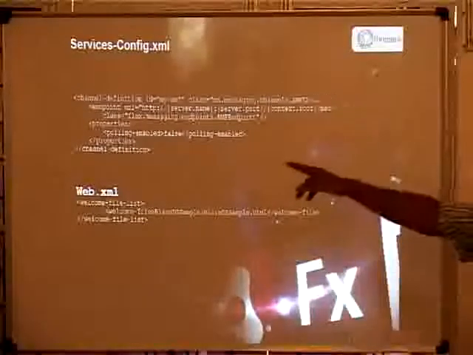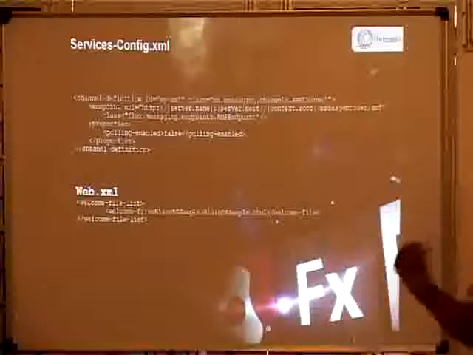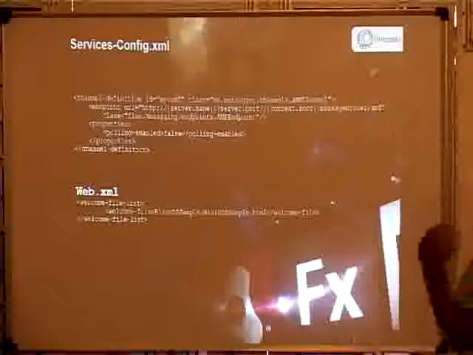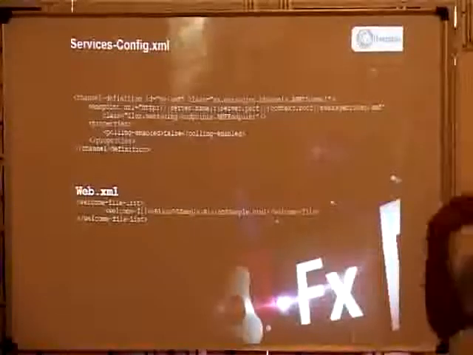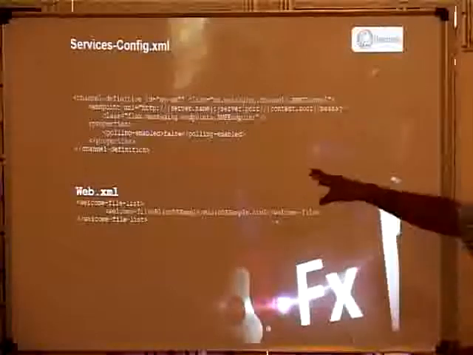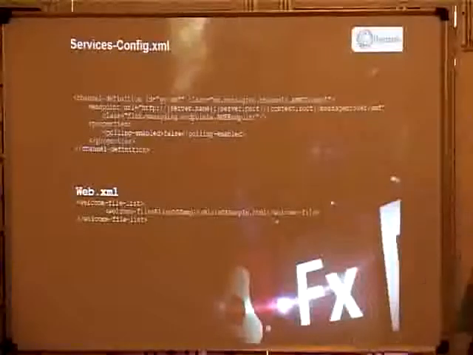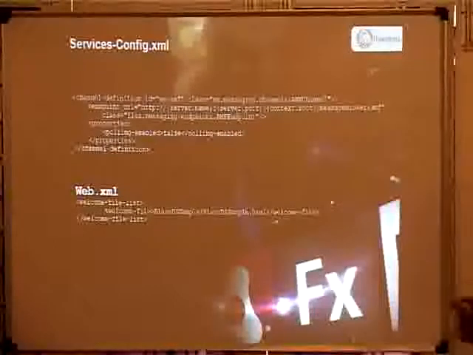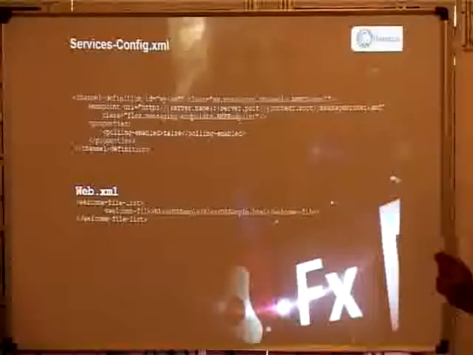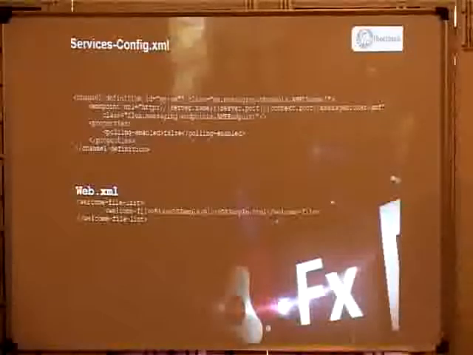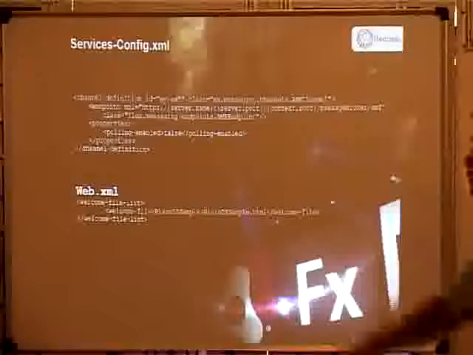Okay, and polling is nothing but, polling enabled false means whenever you are sending a request, only at that time it will look up this server. If you have given polling enabled true, there is one more tag, polling interval. If you give an interval, every that many seconds it will look up the server. Is there any response?